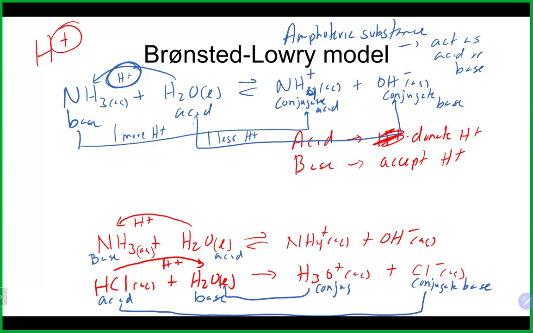That would be the conjugate acid. Once again, the only difference between those two things is that 1 H plus difference between them. Same difference here. The acid to the conjugate base has 1 less H plus. The base to the conjugate acid has 1 more H plus because it basically gained it. Any question on that there?